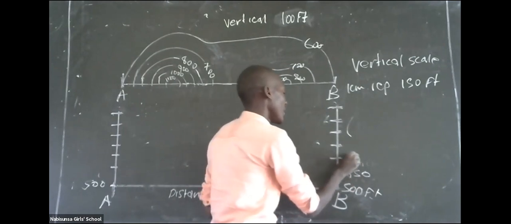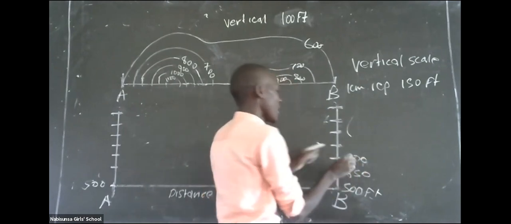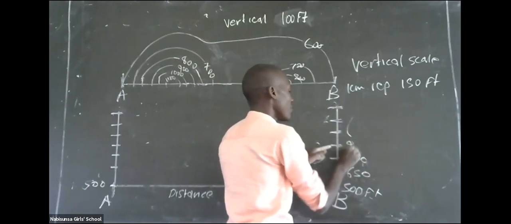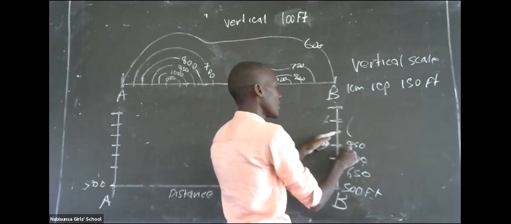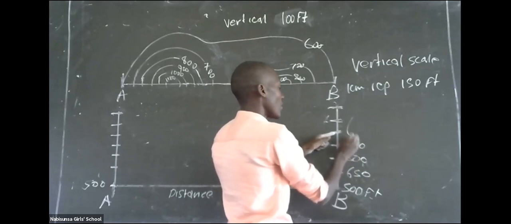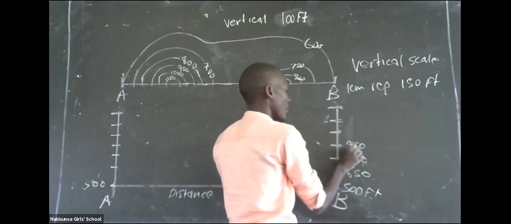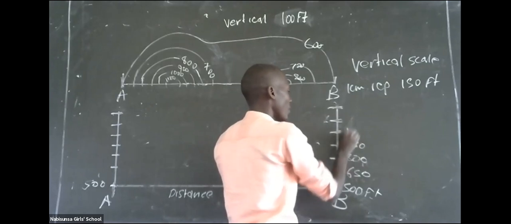800. Then another one is going to be 950. This one, when I add there, I'm going to get 1,000. Then 1,150.